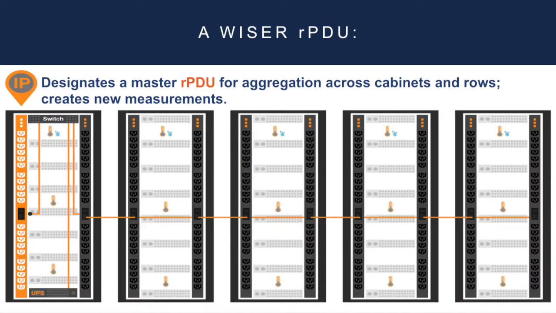A wiser PDU also, through its embedded systems, should facilitate more than what we're used to from looking at a PDU's UI or web server. It's common across many manufacturers, like we talked about, to designate a master PDU here in orange and to capture data from downstream slave PDUs. You can see the daisy chains happening here. But a master PDU becomes wiser when it allows the user to have some input on the data it captures.